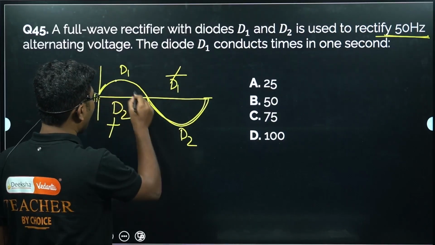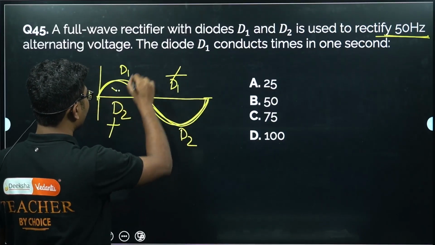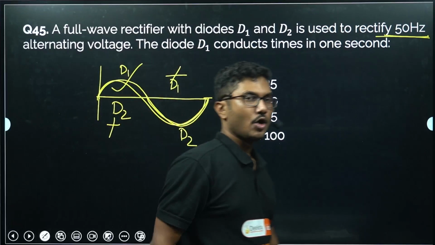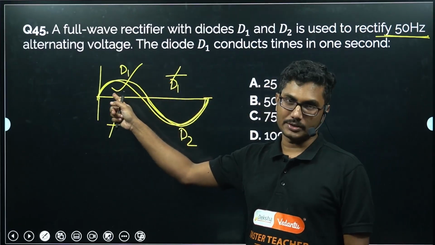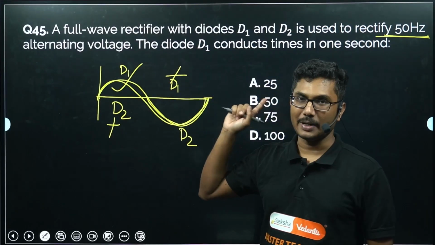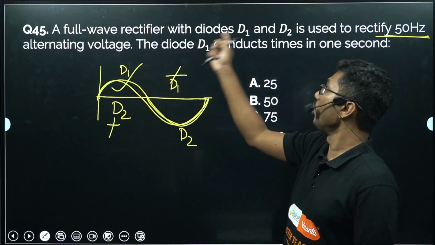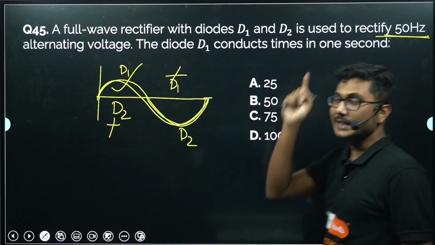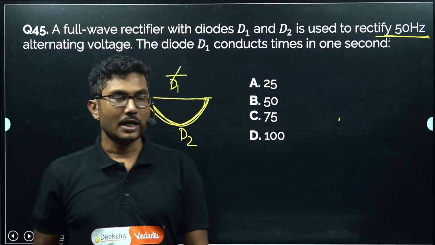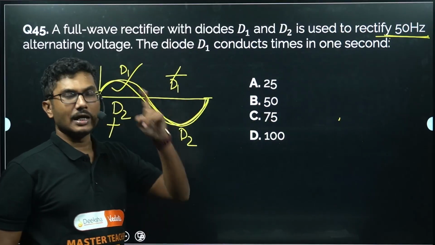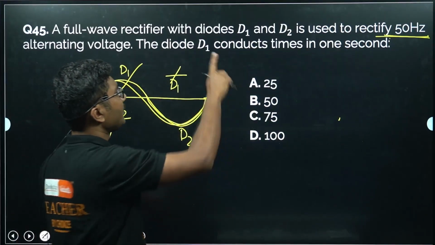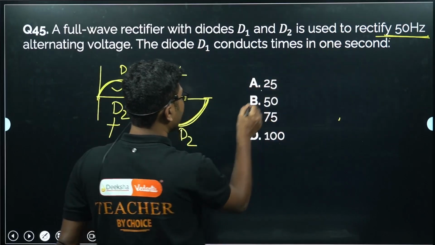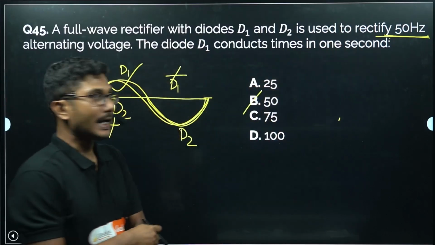For one cycle, diode D1 is forward biased once, and once it is reverse biased. Now in 1 second, how many cycles are happening? 50 cycles, right? So for each cycle, diode D1 is forward biased only once. So for 50 Hertz frequency, the diode D1 will be forward biased 50 times, okay?